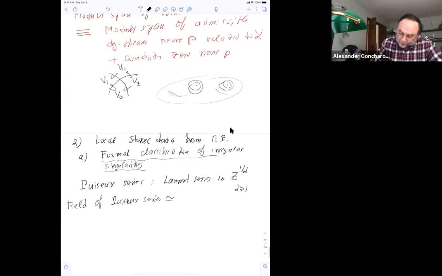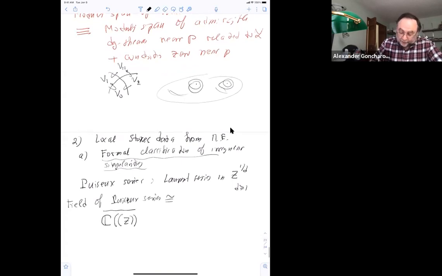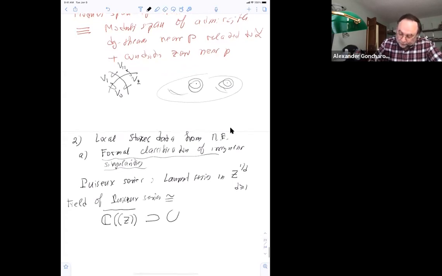What this field is, is just the algebraic closure of the field of Laurent series in your variable z. And inside of this, you have the integral closure of Taylor series, which you can denote this way. So this is by definition the integral closure of formal Taylor series.